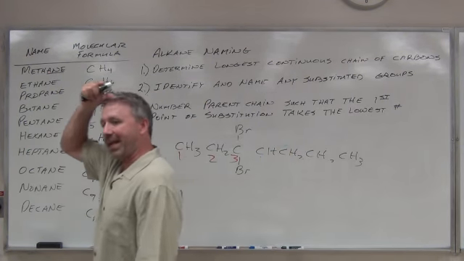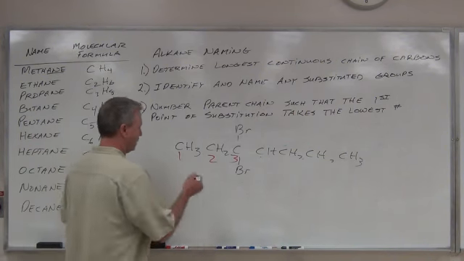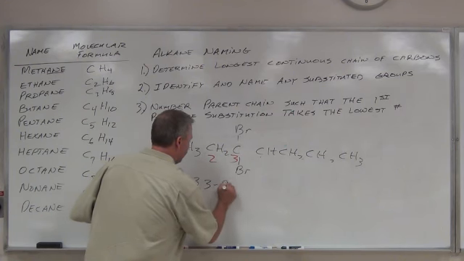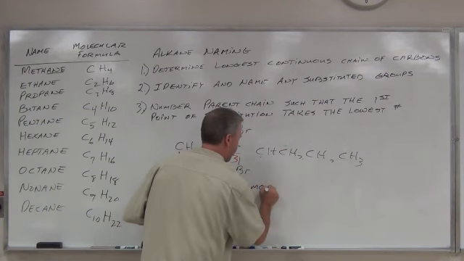This time they're bound to the same carbon. It is 3,3-dibromo. 1, 2, 3, 4, 5, 6, 7, heptane.